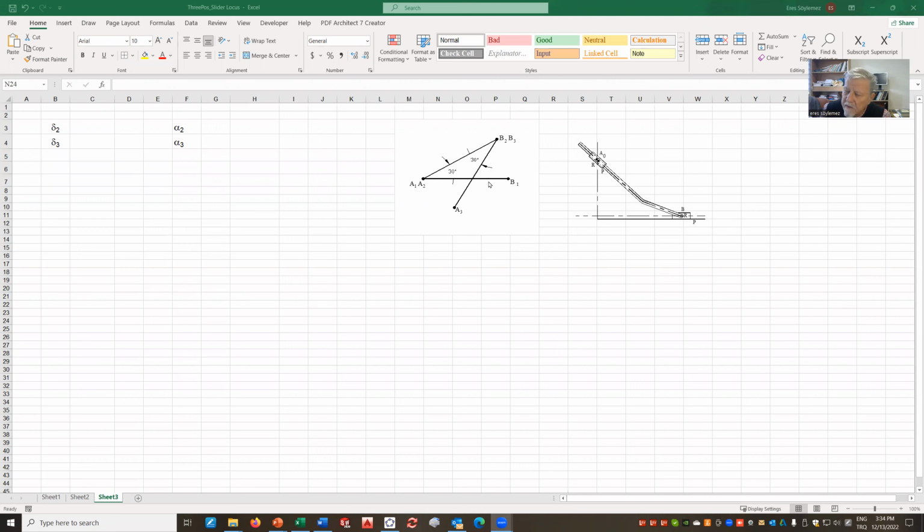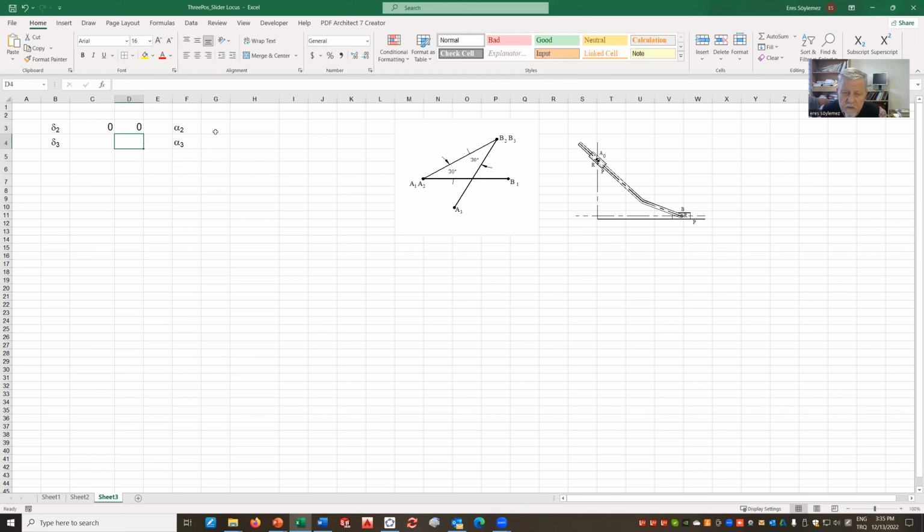Now, the first thing I have to do is to determine delta 2, delta 3, alpha 2, alpha 3 for this motion. Delta 2, when moved from the first position to the second, if I have my coordinate axes on A1, will be 0, 0. A1 has not displaced at all.